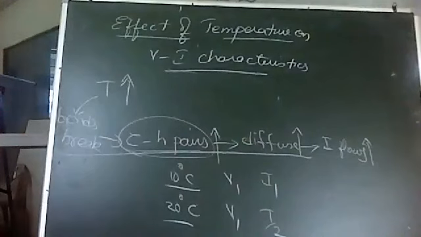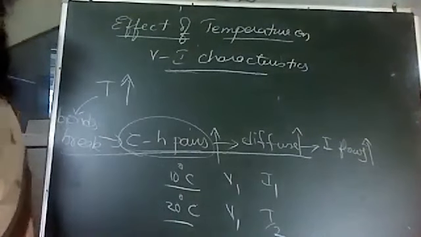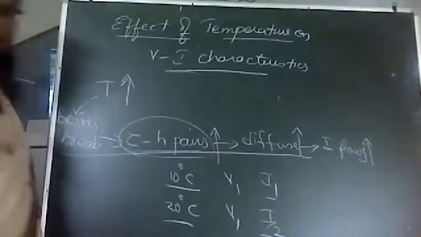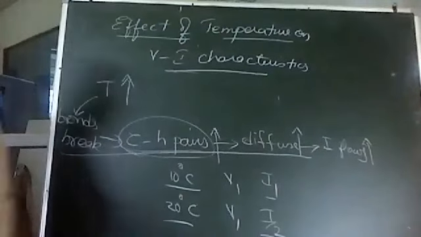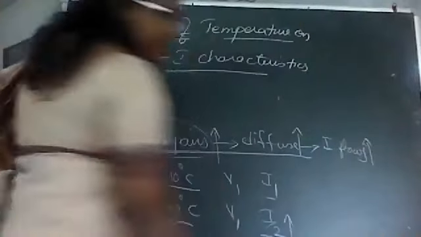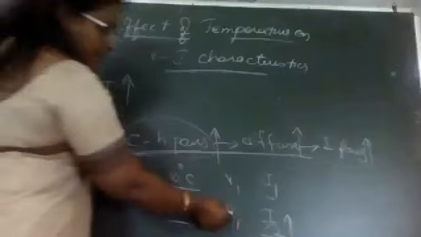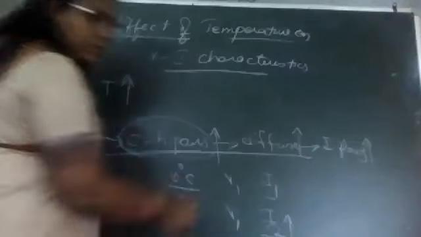What is the magnitude of I2 when compared to I1? Increases. Very good, it increases. That means for higher temperatures, for the same voltage, I see a large amount of current.